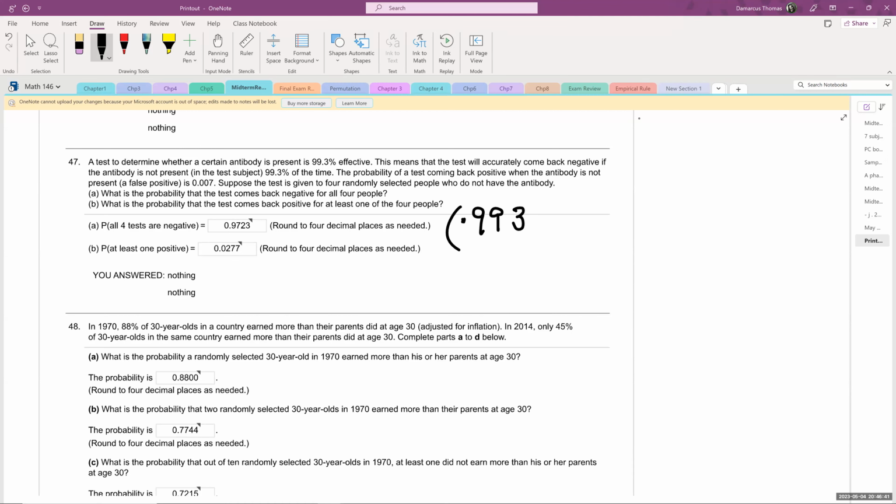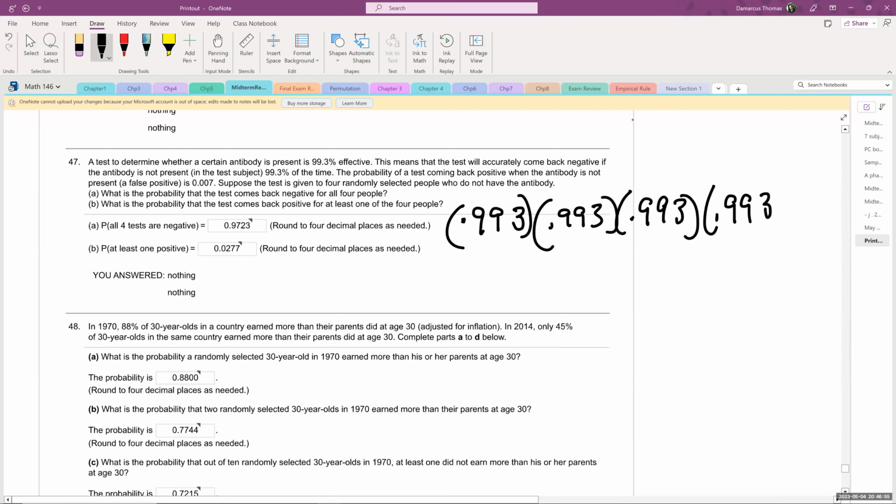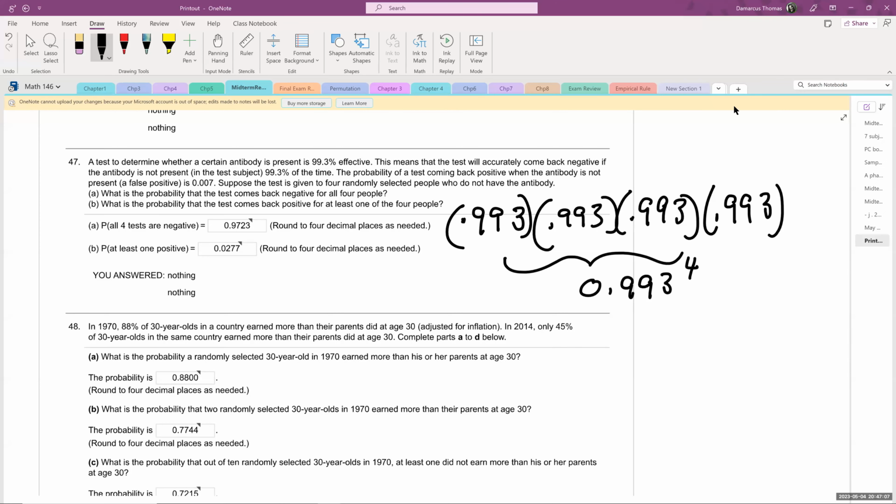But there's actually 4 people, and these are independent. So wouldn't we just multiply the probability of each one to calculate the probability of all 4? And we can also rewrite all of this as 0.993 to the 4th power.